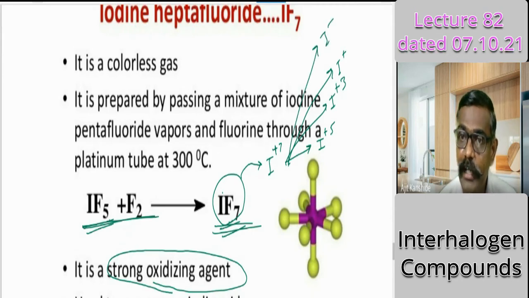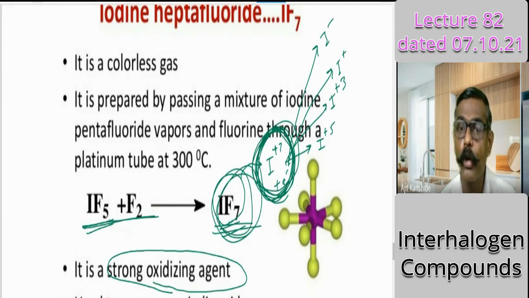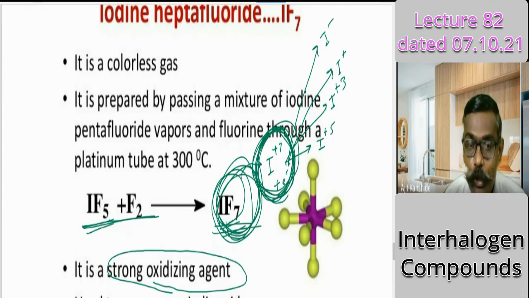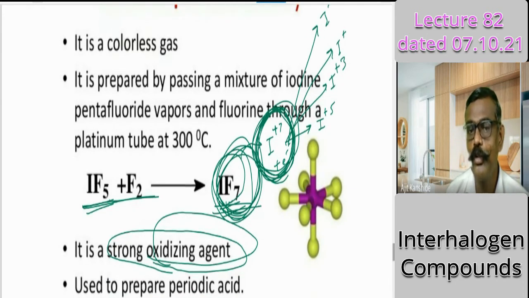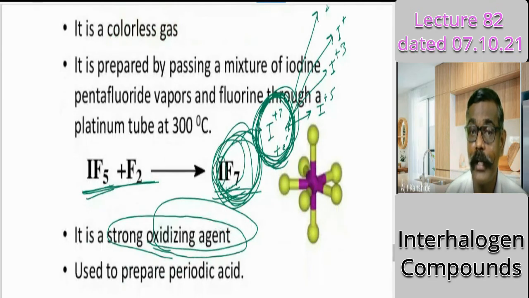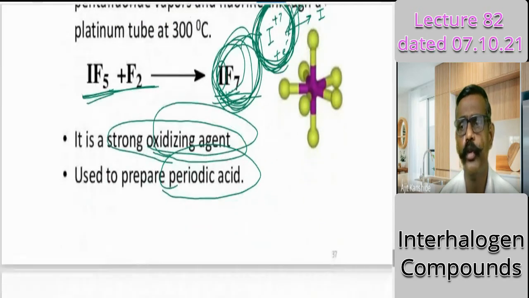Everywhere you will find it should accept electrons. It will accept electrons, it will undergo reduction. I plus 7 will undergo reduction. IF7 will undergo reduction, means it is an oxidizing agent. It is used because of the high oxidation state of iodine. It is used to prepare periodic acid. Such interesting applications are also discussed for a few compounds.